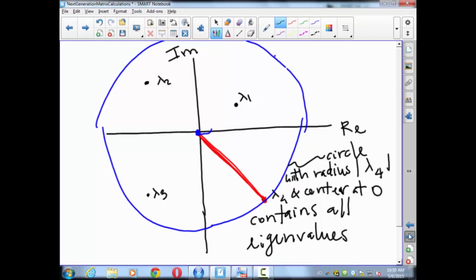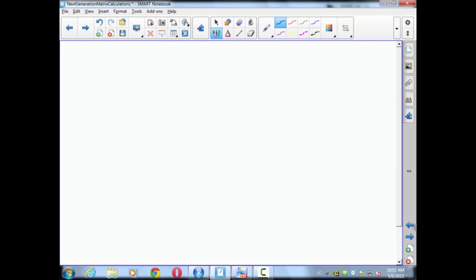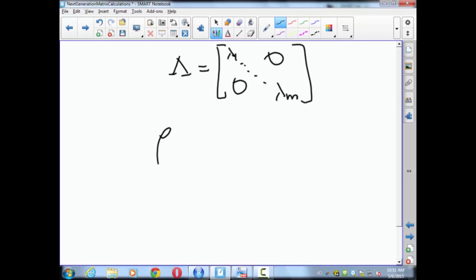The spectral radius. Remember, we're working with the diagonal matrix lambda, which looks like this. This is lambda 1 all the way through lambda m, and there are zeros elsewhere. And then we're going to define this with the notation rho of lambda. Rho of lambda is going to be the maximum of the modulus of all eigenvalues.